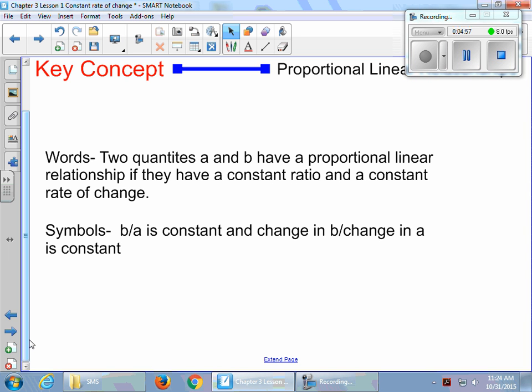Two quantities, A and B, have a proportional linear relationship if they have a constant ratio and a constant rate of change. In symbols, B over A is constant, and change in B over change in A is constant.